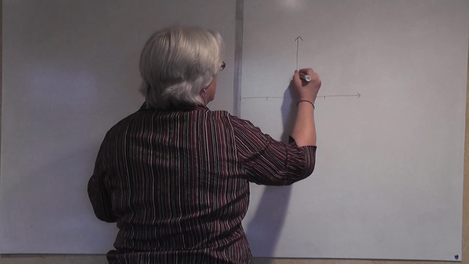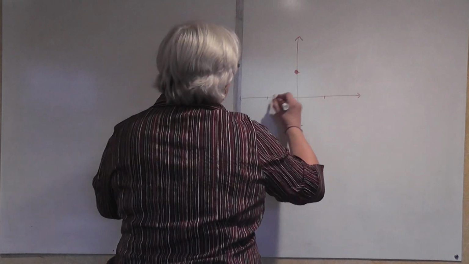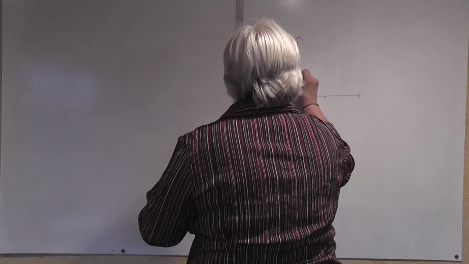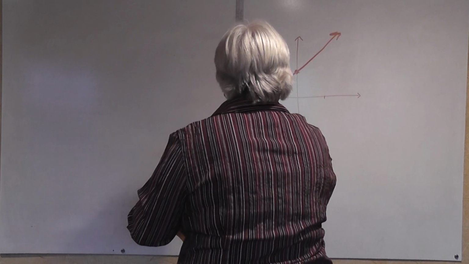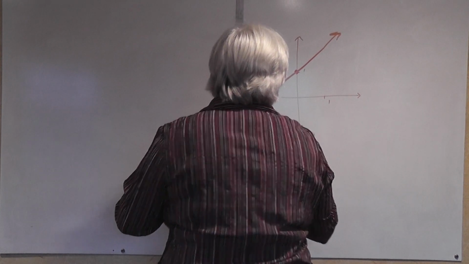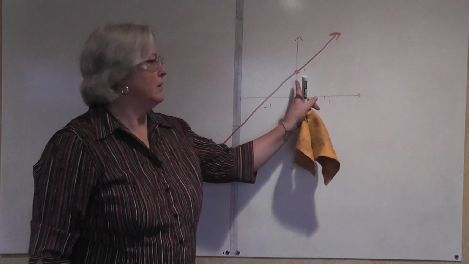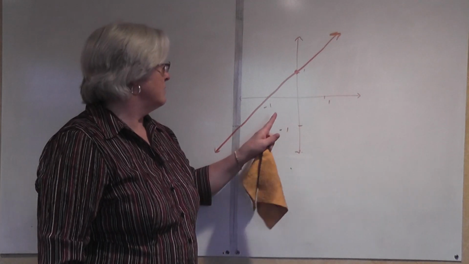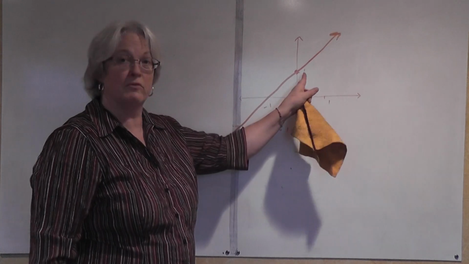Let's say that we have the graph of this line. This is 1, -1, +1, and -1. What's the equation of a graph with a y-intercept of 1 and a slope of +1, up 1 over 1?